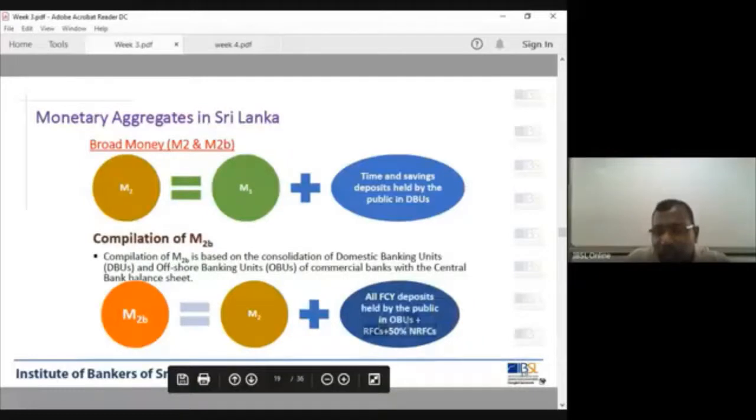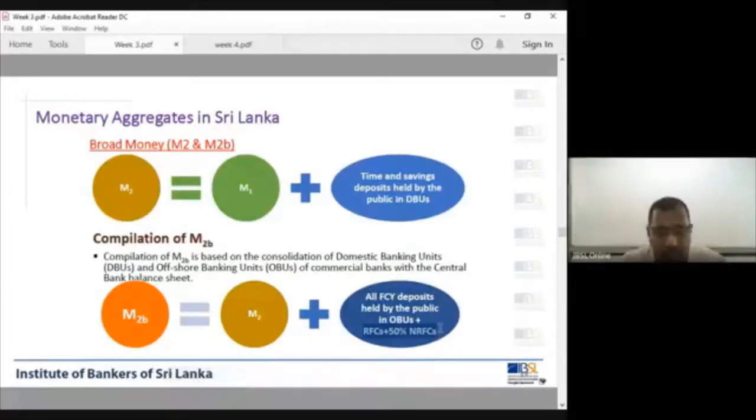So here you have how we do it technically, right? We take at the central bank, RFC, resident foreign currency, 50%, NRFC. I hope you have some idea about these deposits. Earlier we had these names, RFC accounts, NRFC accounts, likewise. But now in Sri Lanka, we don't have such definitions.